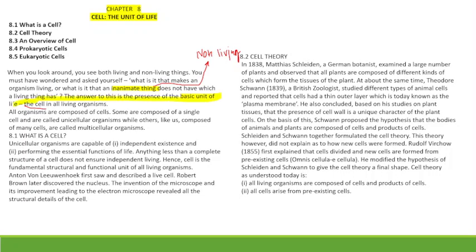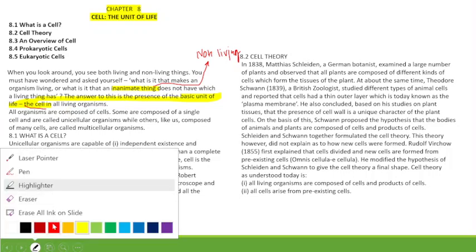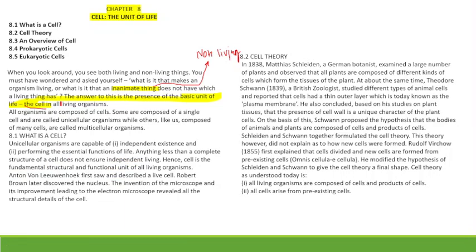The basic unit of life is the cell. So this cell you can see present in all living organisms, and you are not going to see the cell in the non-living organism. So this is the distinguishing character of the living things, that they show presence of a cell.